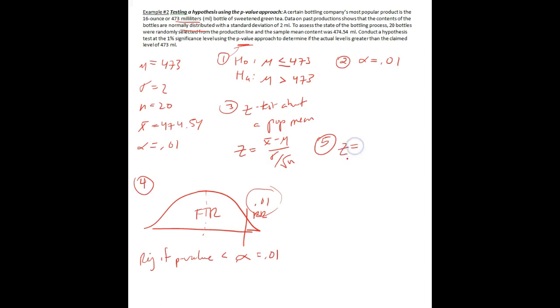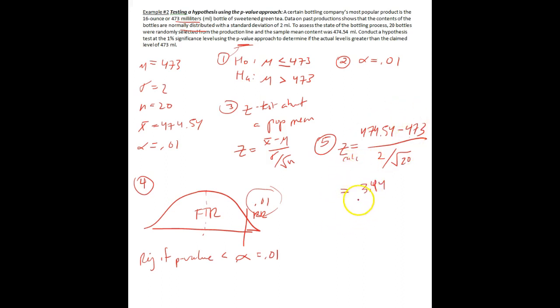We get z-calc is equal to x bar, which is 474.54, minus mu, 473, divided by sigma, which is 2, divided by the square root of the sample size. This is going to leave us with a z-value of 3.44. So it's our z-calc value.